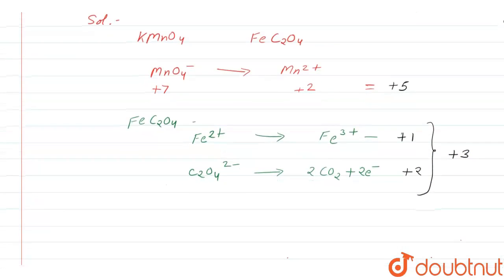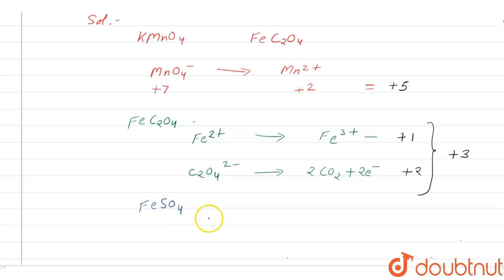Now, see the third case, that is the ferrous sulfate. Ferrous sulfate is also getting oxidized due to the KMnO4. Here also the Fe2 plus is getting changed into Fe3 plus. You can see here also the change of oxidation state is of +1.